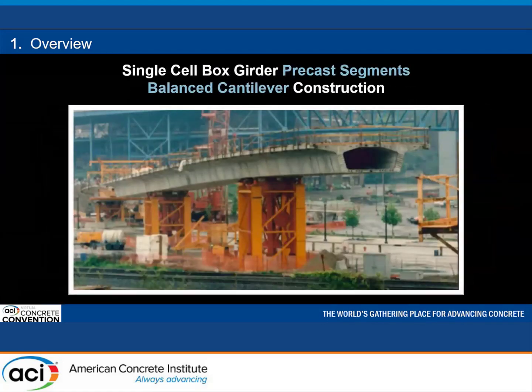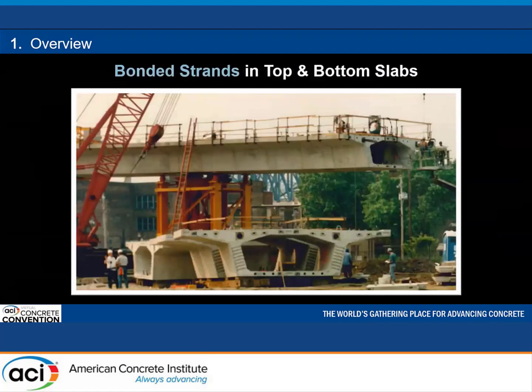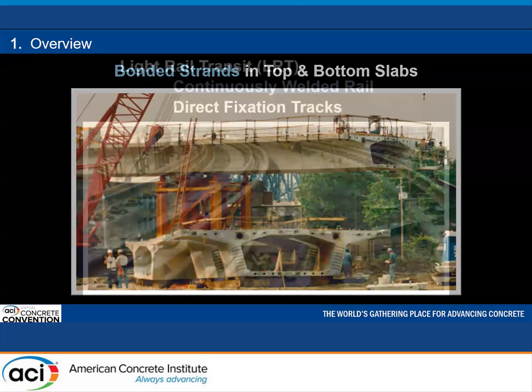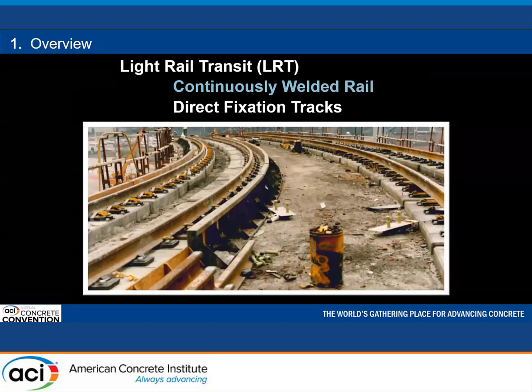The bridge utilizes a single cell box girder with precast segments and was built through balanced cantilever construction. Post-tensioning is provided by bonded strands in the top and bottom slabs. The bridge carries 2 tracks of light rail transit traffic.